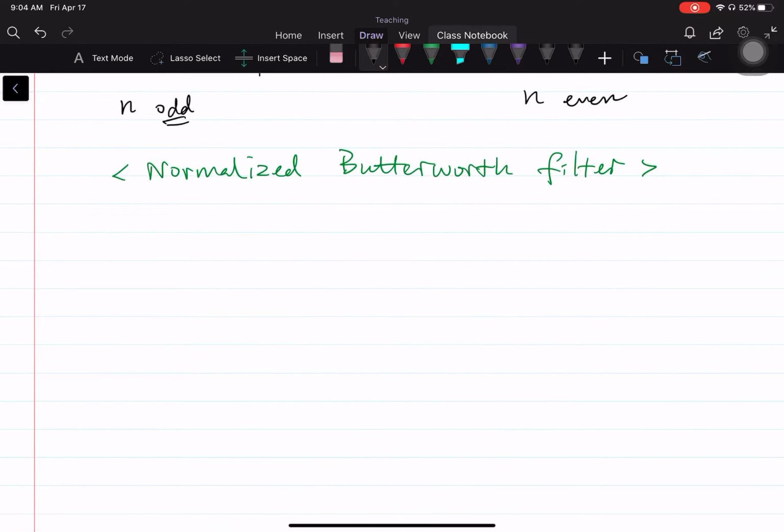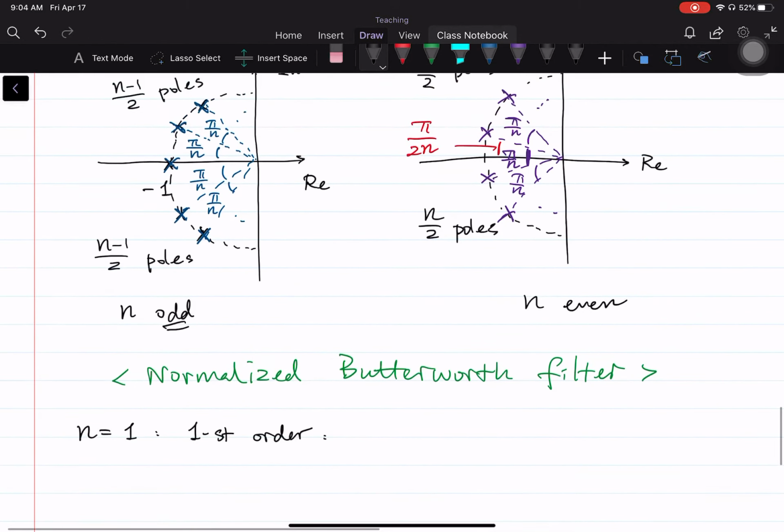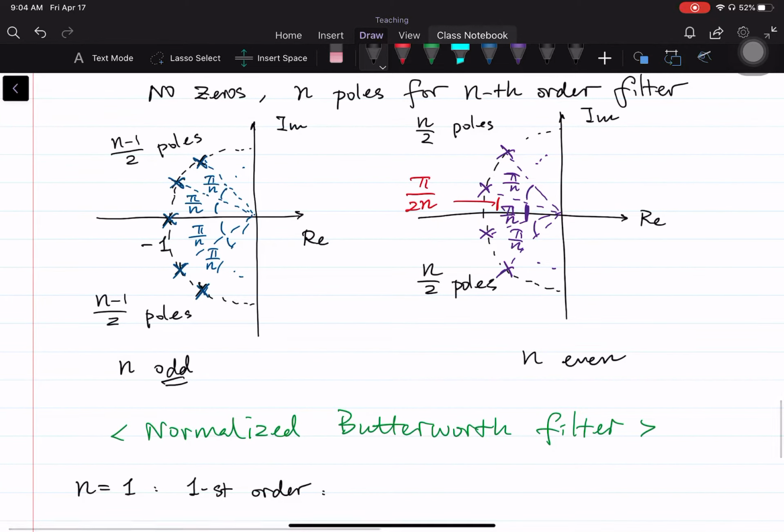So let's look at n equal to 1. That will give us a first order Butterworth filter. Since in this case n is an odd number, for that case you are guaranteed to have a pole at -1.